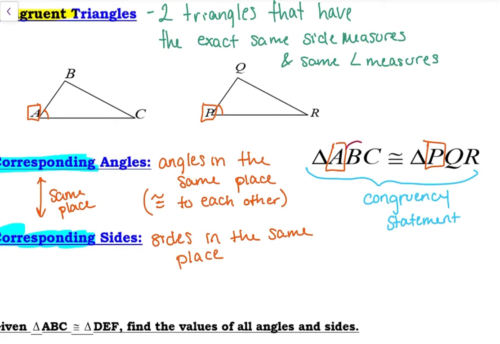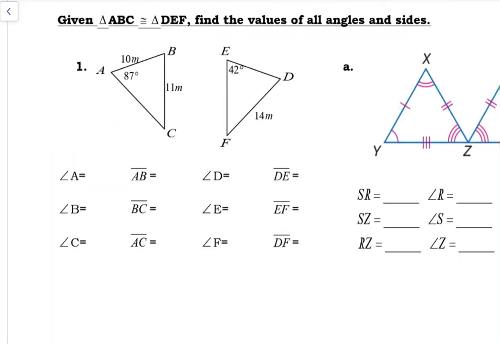Also, we can see point B and point Q are both in the middle, so B and Q are also corresponding, so B and Q will be congruent to each other. And then the last one is C and R. Those are both listed last, so that will be our last corresponding point, and that means that that angle is congruent to each other.